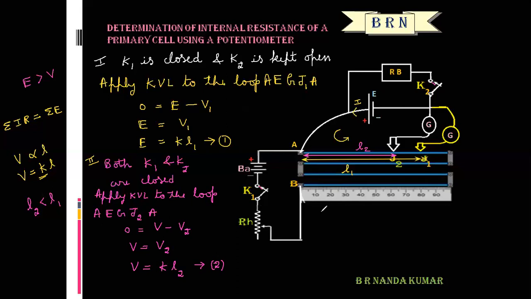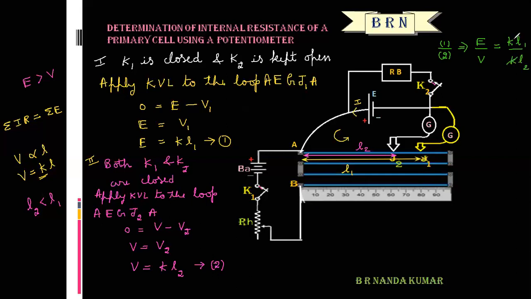Okay. Now equation 1 divided by equation 2 implies that E divided by V is equal to K L1 divided by K L2.